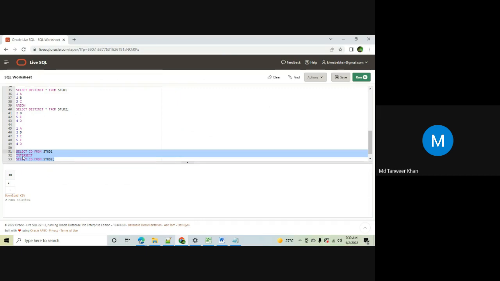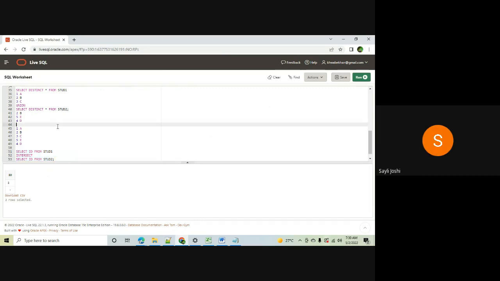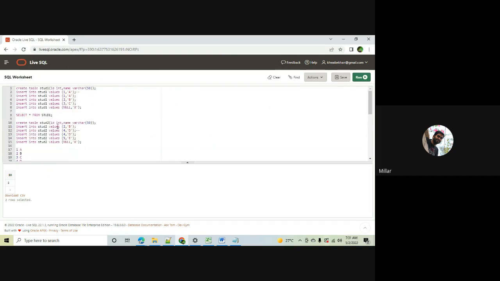I'm using this intersect function here, and only 2 and null is coming. What does this mean? It is only picking duplicate records. No, not duplicates. Common values. Common values from both the tables.